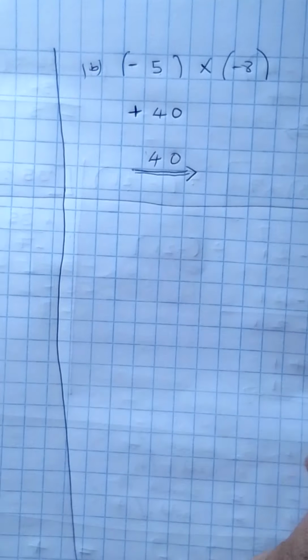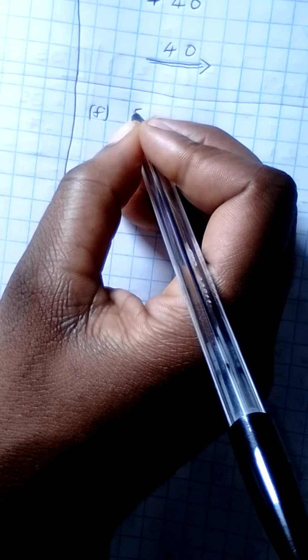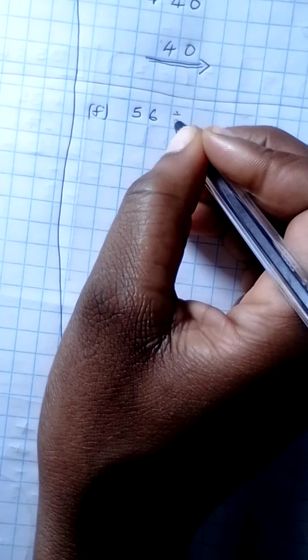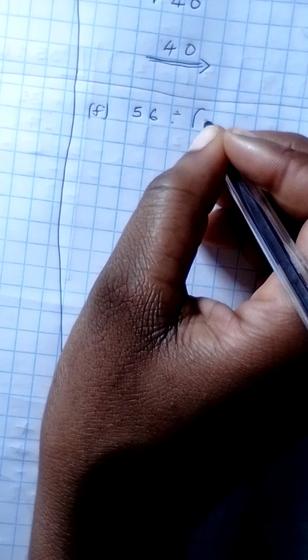Then we do F this side. Question number F, 3F this side. It's saying 56 divide by open bracket minus 8 close brackets.